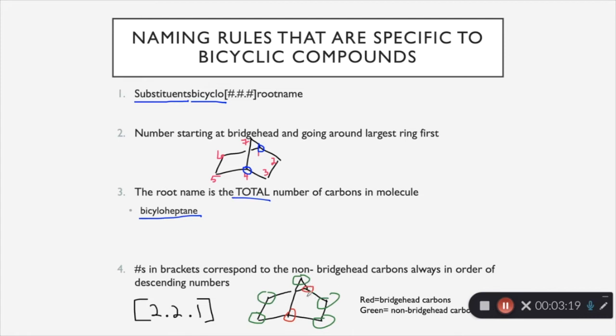So basically what this is saying is that we have 2 non-bridgehead carbons on this side of it, 2 non-bridgehead carbons on this side of it, and then we have 1 non-bridgehead carbon basically over it. So then in descending order, we'd have 2.2.1. And we're going to see another example where we actually have zeros in there.